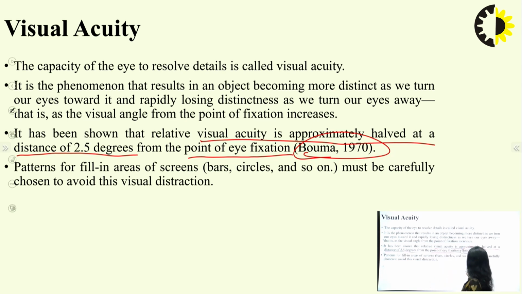For example, if we have some pattern to fill an area, it can distract the user, who can easily be distracted. So circles and bars must be carefully chosen, and with the help of this we can avoid visual distraction.